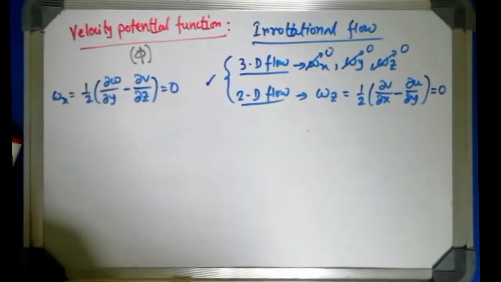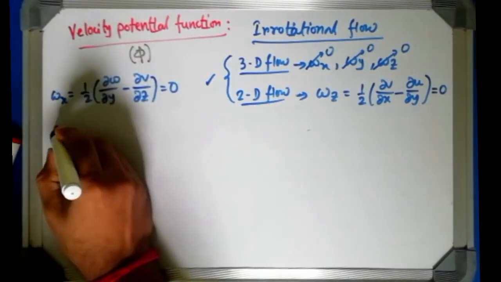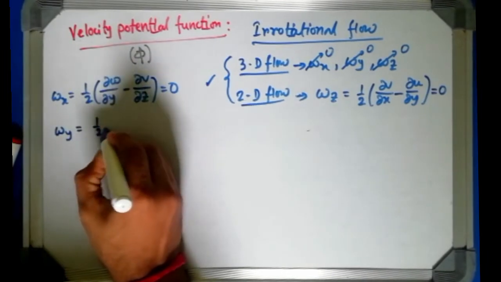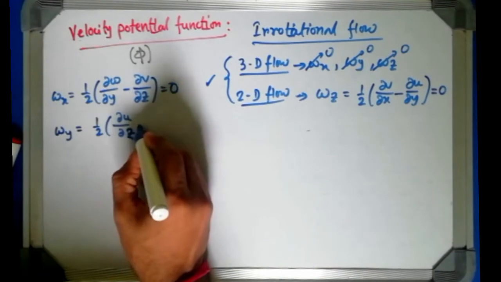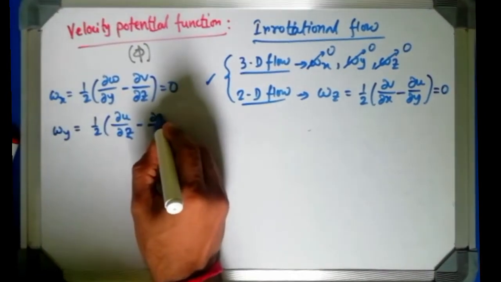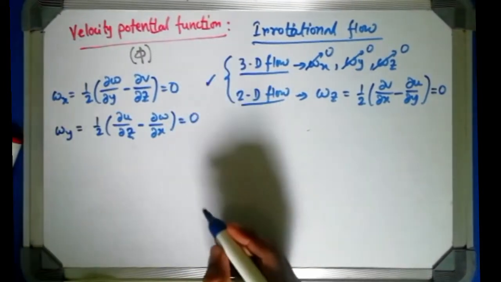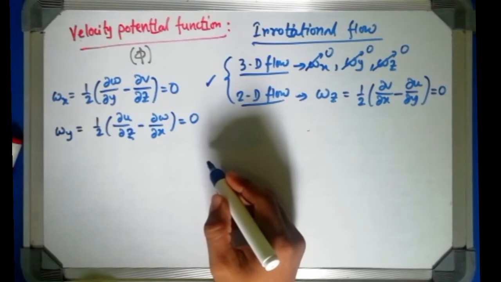Similarly, the omega y component can be written as half del u del z minus del w del x, and it is also equal to 0 because we are considering an irrotational flow.